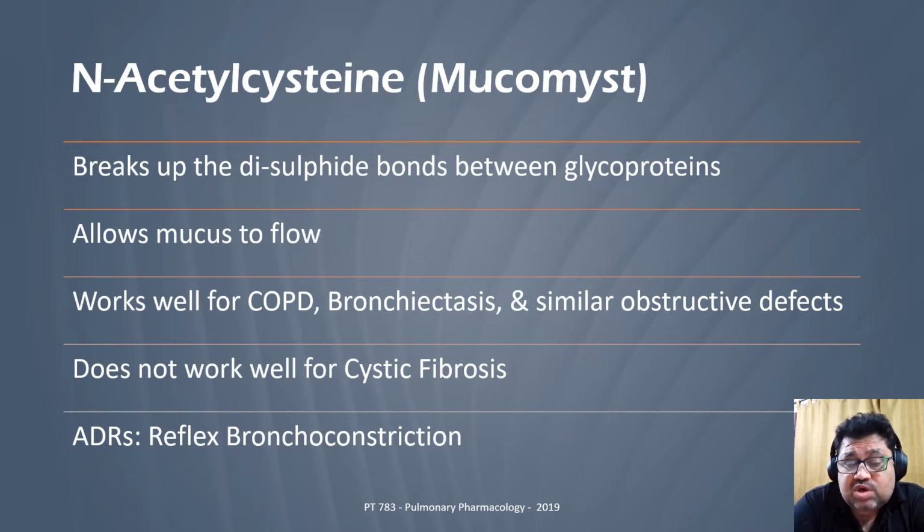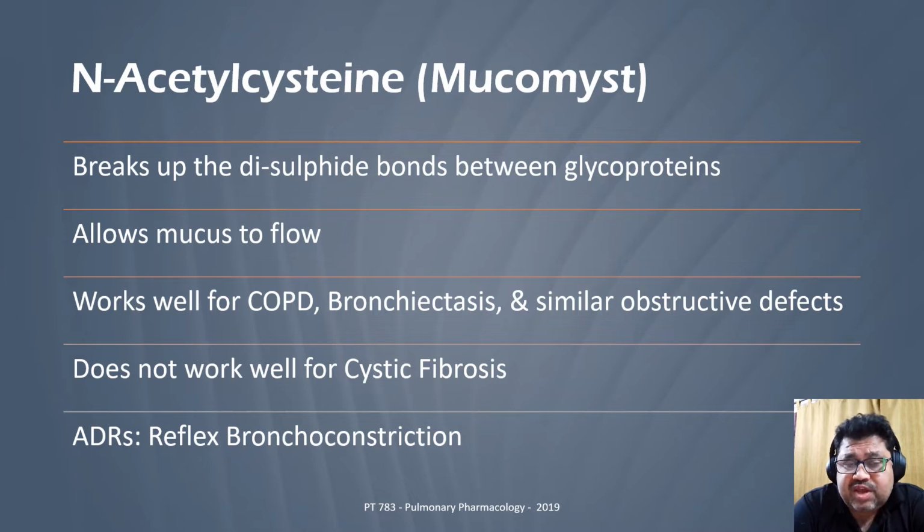This drug works well with the mucus produced in diseases such as COPD, bronchiectasis, and similar obstructive defects. It does not work well, however, for the significant secretions of cystic fibrosis. For that reason, a different drug is available.